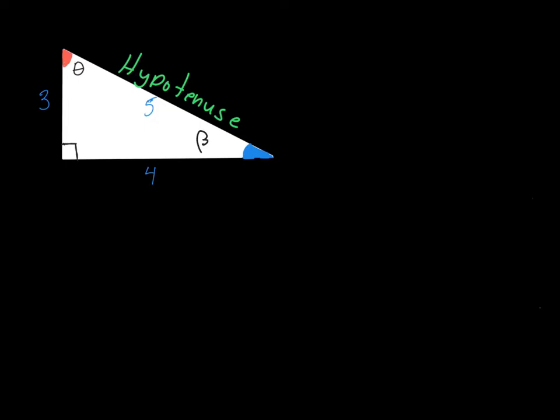But even though the hypotenuse stays the same, the opposite and adjacent sides switch, and that's because we are in reference to this blue angle here. So right next to the blue angle, that side that is touching it, is your adjacent side. And the other side across from that is your opposite side.